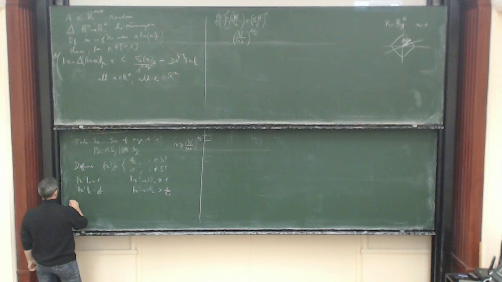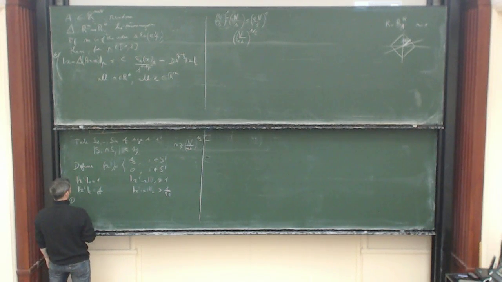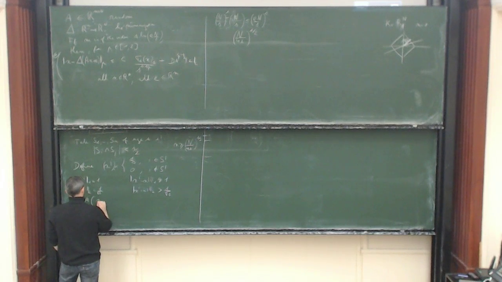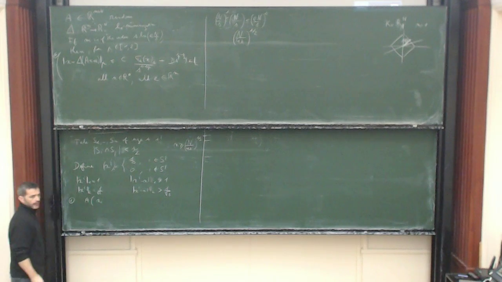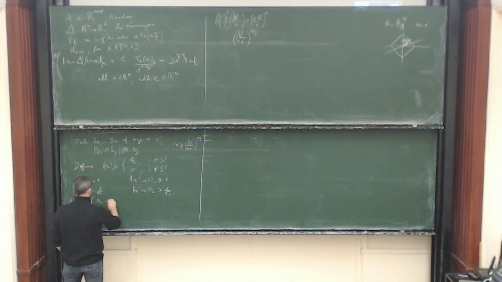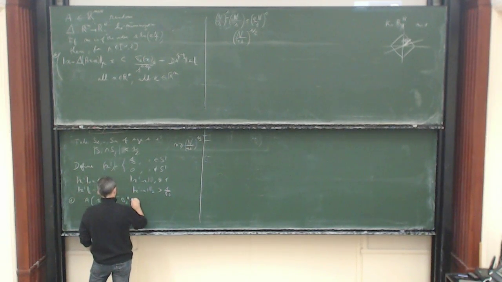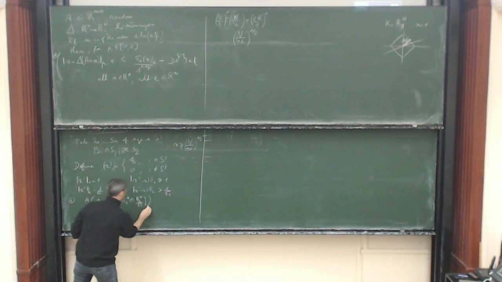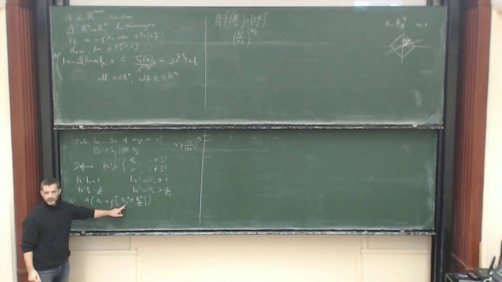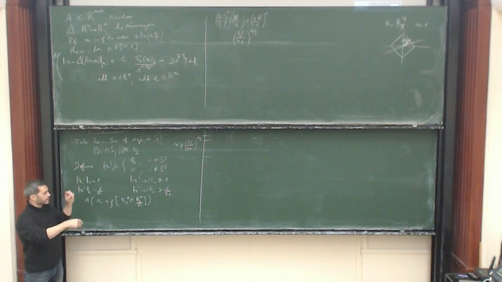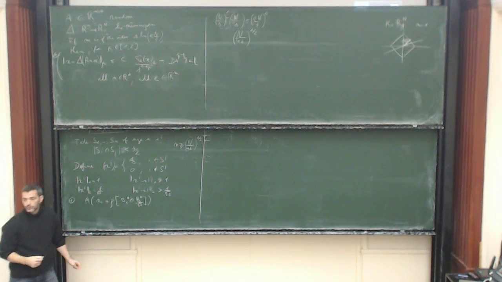So now the claim is the following. This set is the L1 ball intersected with the L2 ball scaled by a factor 1 over square root of s.